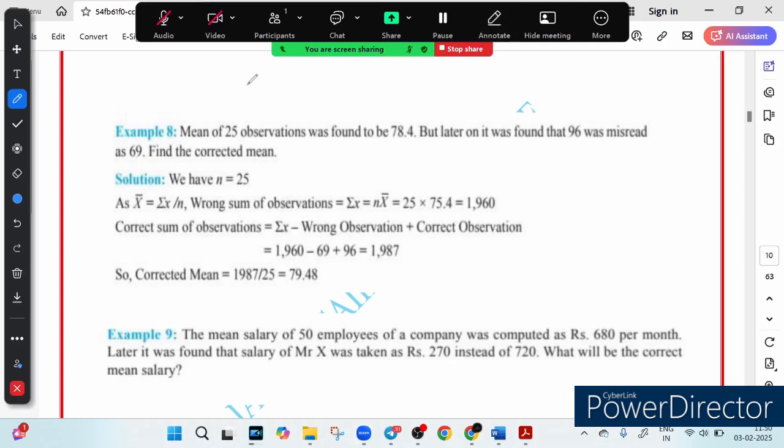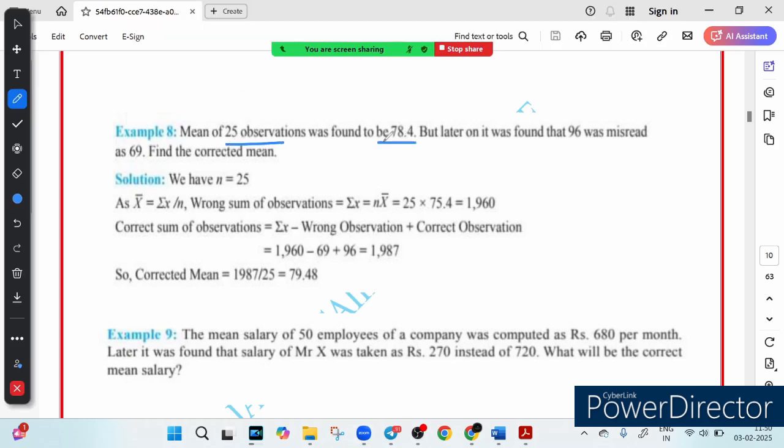It says that the mean of 25 observations was found to be 78.4, but later on it was found that 96 was misread as 69. Find the corrected mean. Okay, how to go about solving it? So 25 observations were there, and the mean was found to be 78.4.